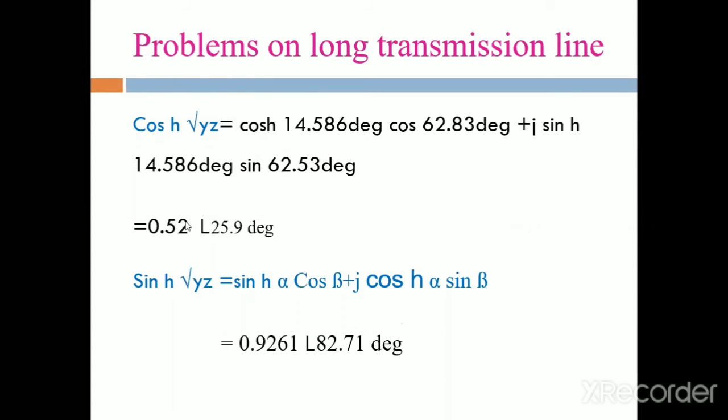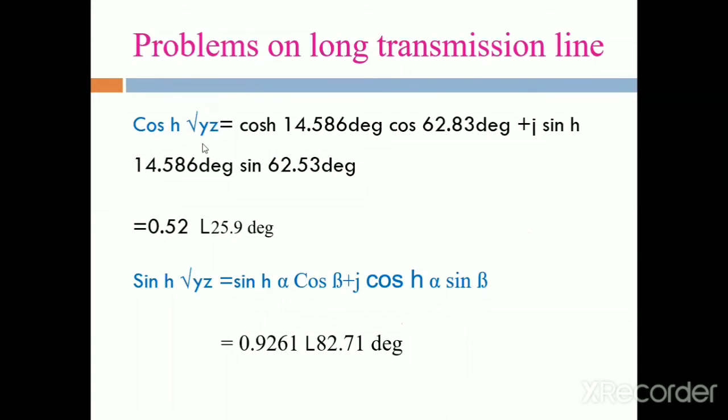Cosh root of yz means the root of yz, and alpha plus j beta means the root of yz. It was already discussed in the previous class. What is the formula for that?